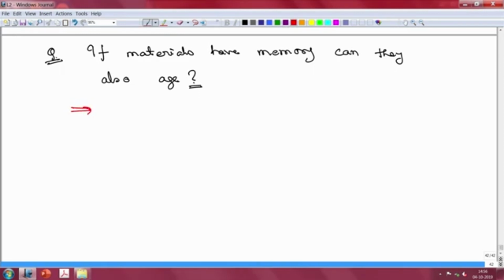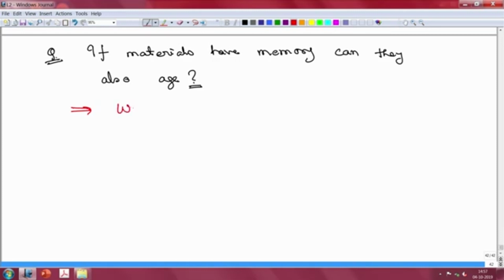There is again no fundamental law that says that they cannot age. But we want to work with materials whose response to the step stress does not depend on when the experiment is done.